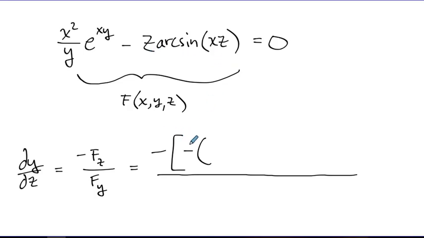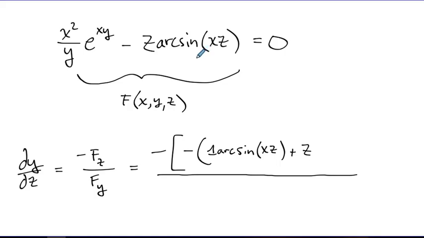So there's another negative. Derivative with respect to z of this by the product rule. Actually, the derivative of z is just going to be 1. So really there's a 1 times arc sine xz, plus now z times the derivative of the arc sine of xz, where x is a constant.